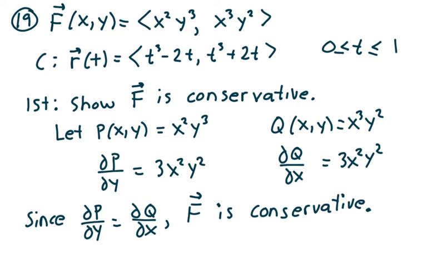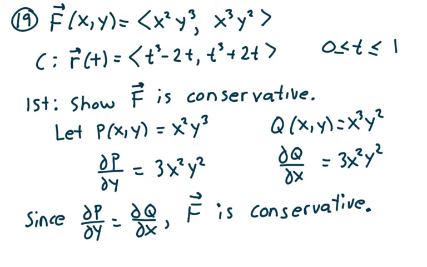If we take a look at problem 19, we get capital F of x, y equal to the vector made up of the components x squared y cubed and x cubed y squared. My curve is r of t equals the vector function t cubed minus 2t and t cubed plus 2t, where t is between 0 and 1. Once again, I'm going to show F is conservative.